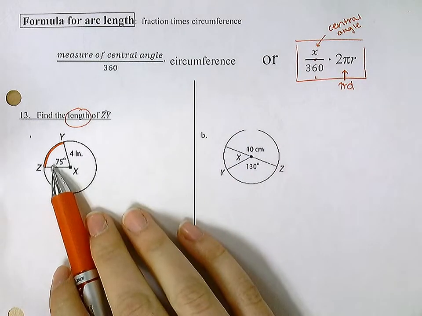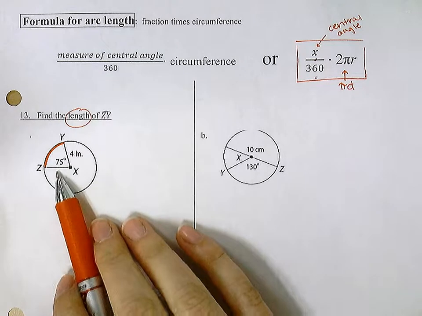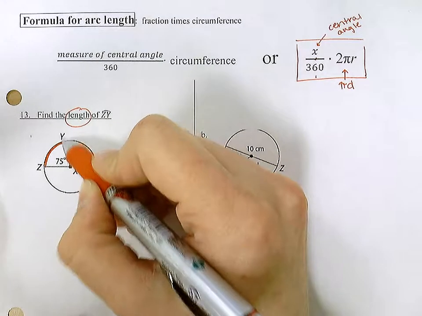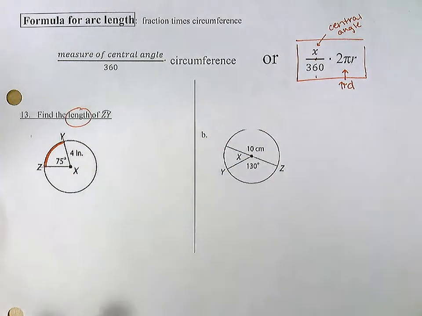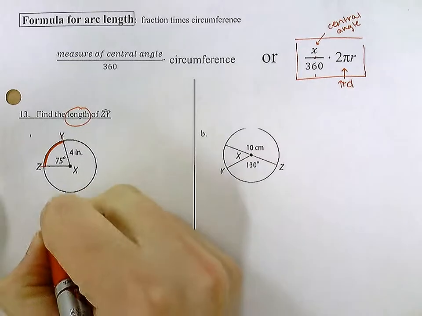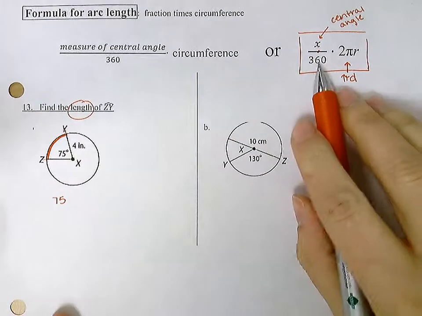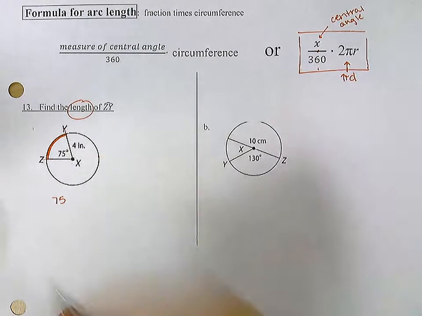The central angle for that arc would be what? 75. Okay, so the central angle makes up that arc, where it hits that arc at its endpoints. So I have 75 as my central angle. I need to divide that by 360.